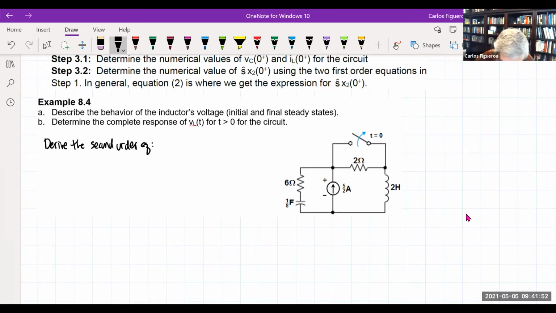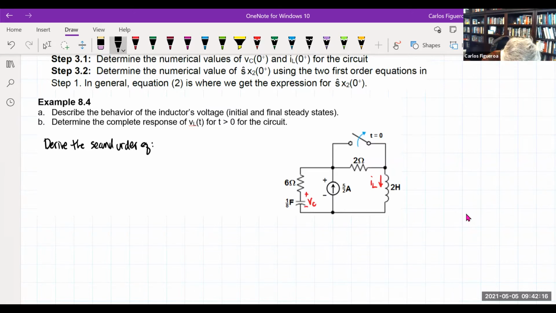Look at the current. We can clearly see that the current's got to be going in this direction for the inductor. And we can clearly see that this guy has to have the cap voltage like this. There are some second order differential equations where it's super, super hard to actually look and see which direction the current is going to be going.